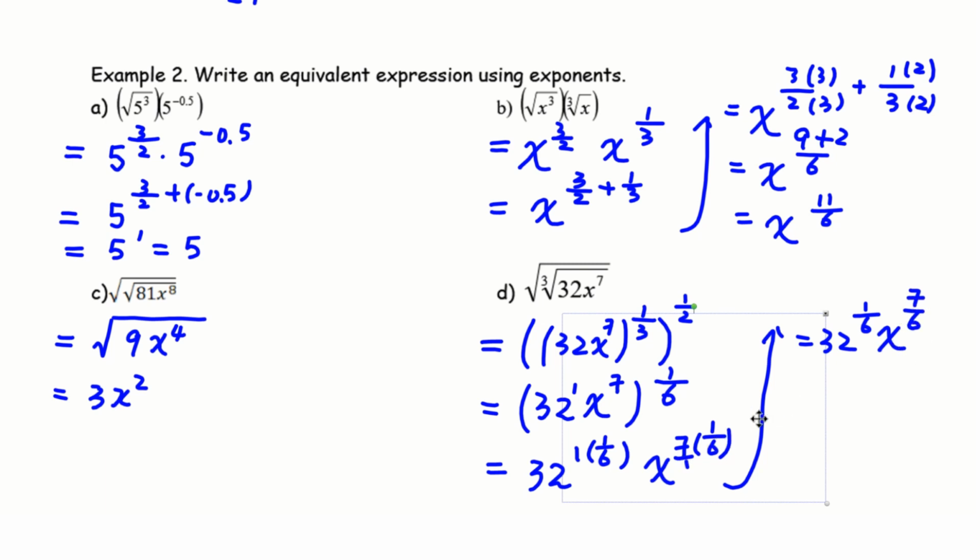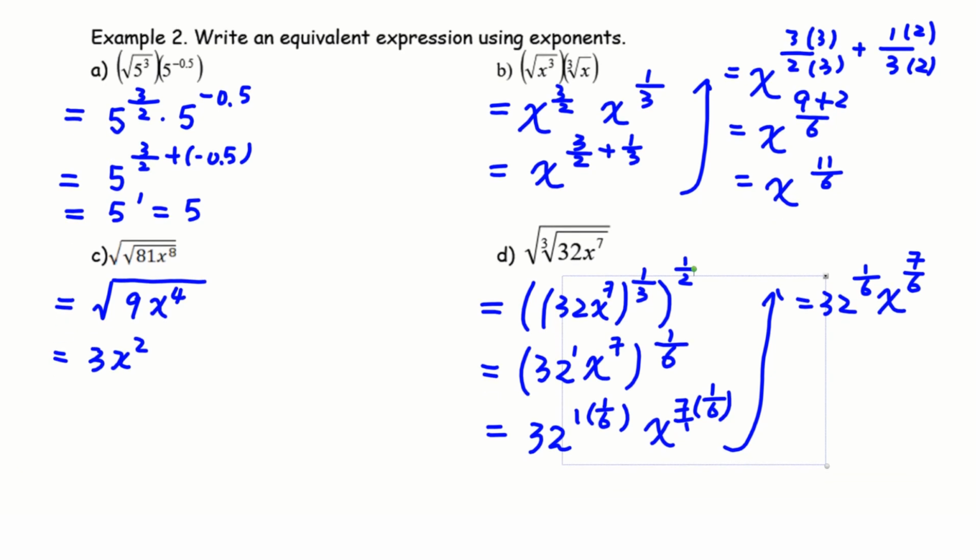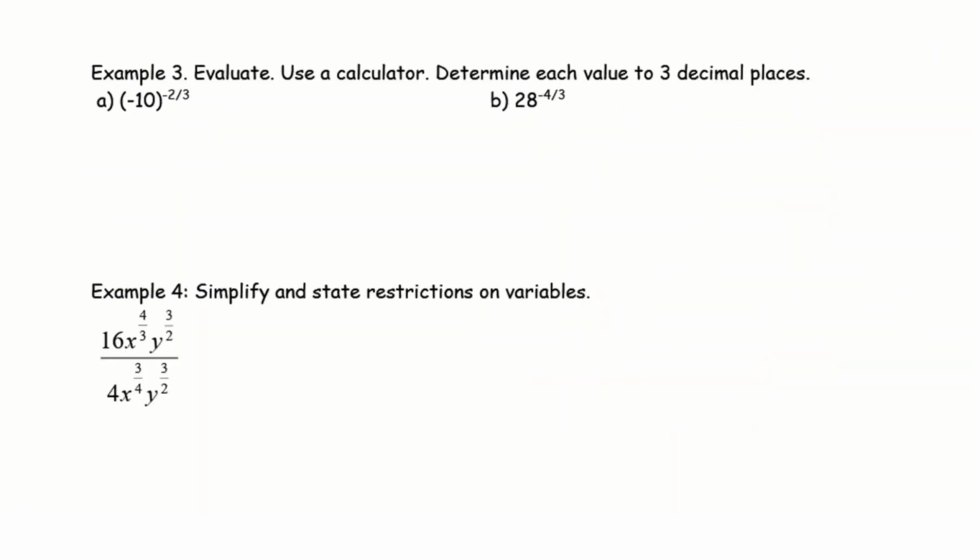So this is just writing it as an equivalent expression using exponents, convert the radical sign to exponents, and all the exponent laws we could apply to the rational exponent. So this is for converting. Then we are going to continue to practice.